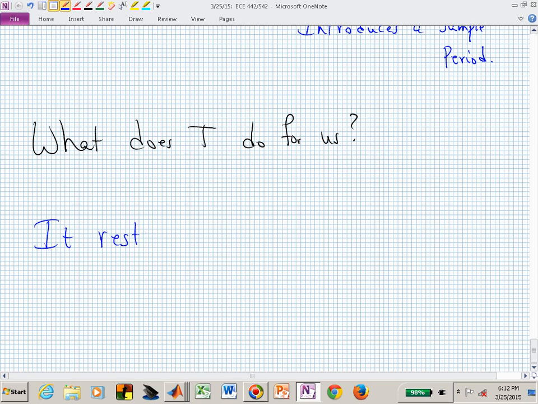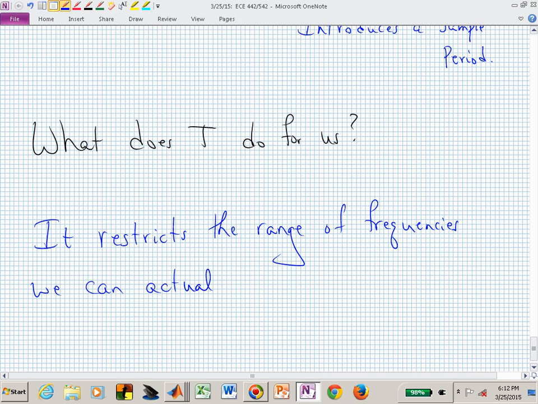T restricts the range of frequencies we can actually resolve or see.